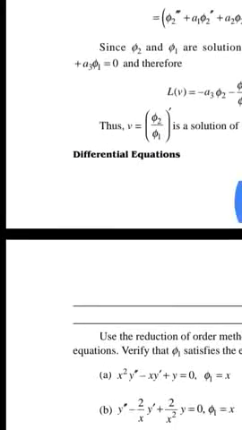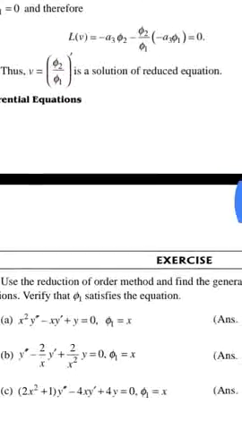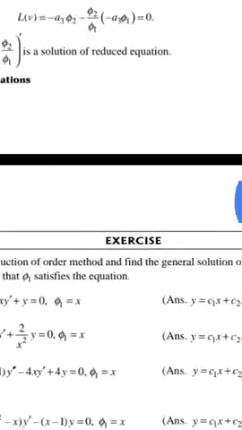And thus v is equal to phi 2 divided by phi 1 dash is a solution of the reduced equation.